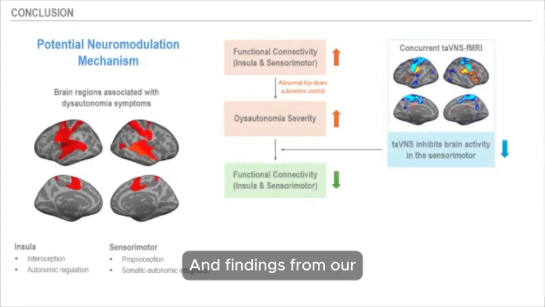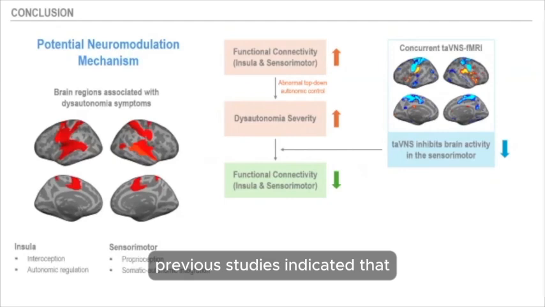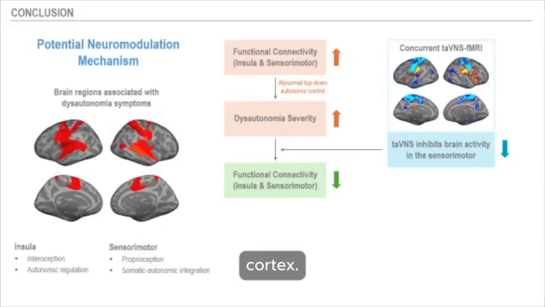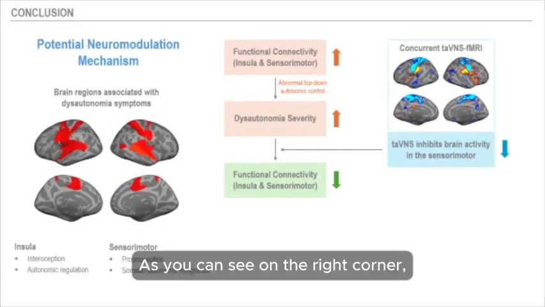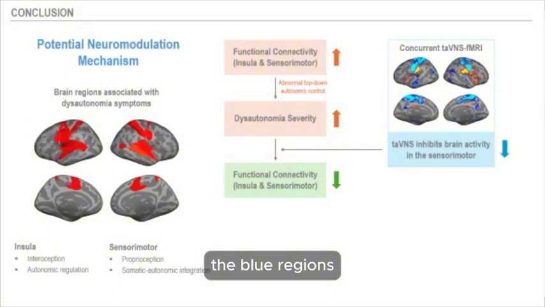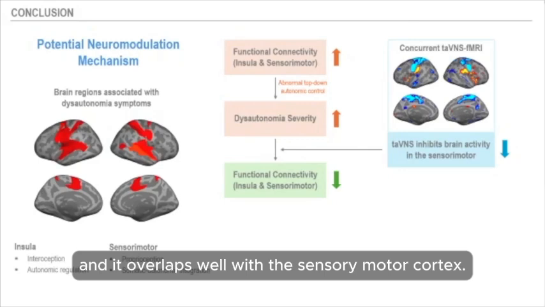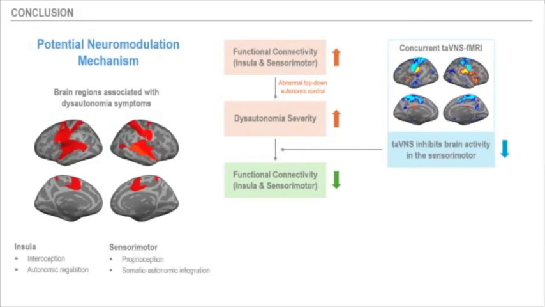And findings from our other previous studies indicated that TMS can inhibit the brain activities in the sensory motor cortex. As you can see on the right corner, the blue regions represent the inhibited region, and it overlaps well with the sensory motor cortex.